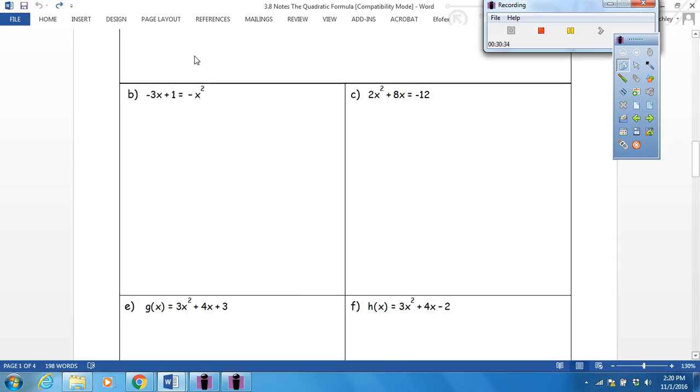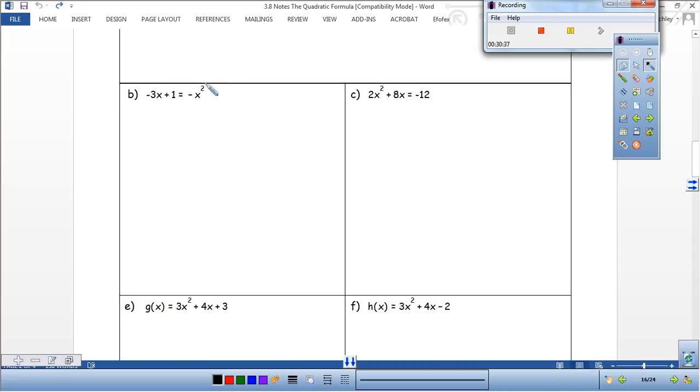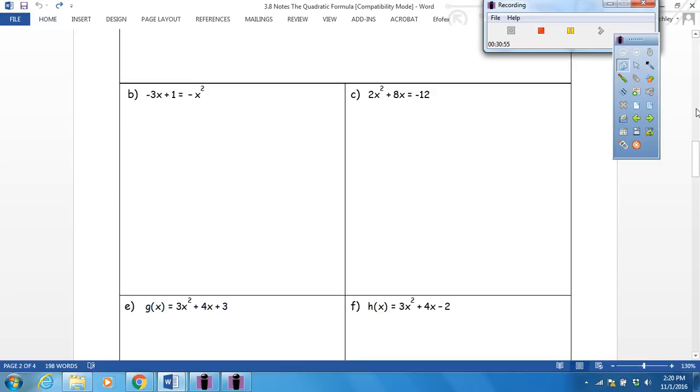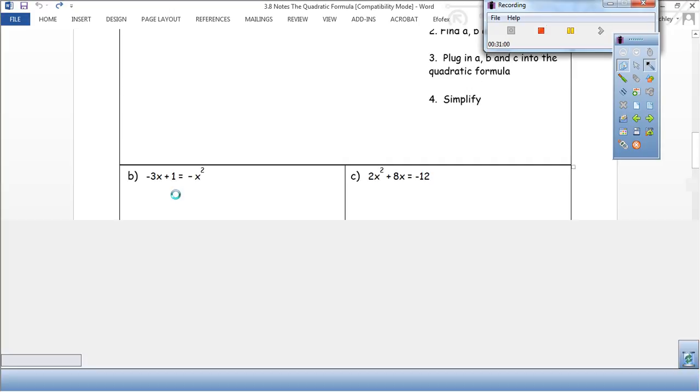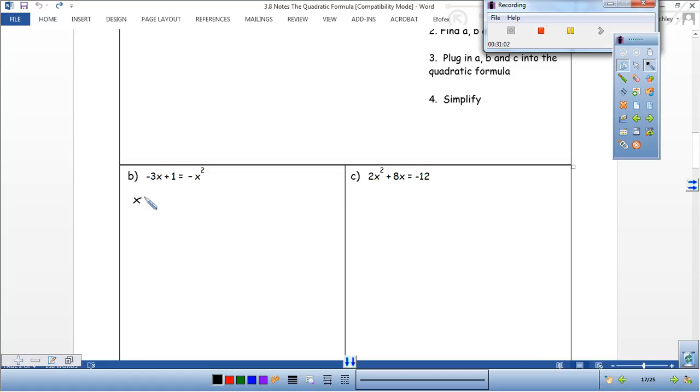Okay, next one. Again, we need this equal to 0, so I need to move that x squared over to the other side. So this is going to give me x squared minus 3x plus 1 equals 0.